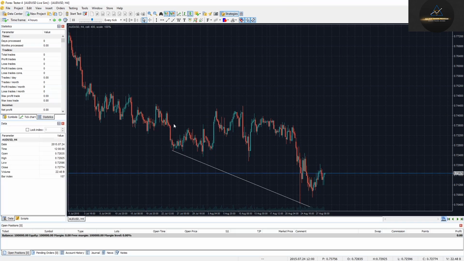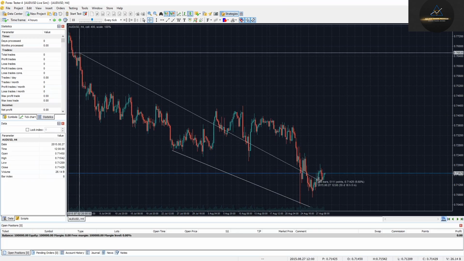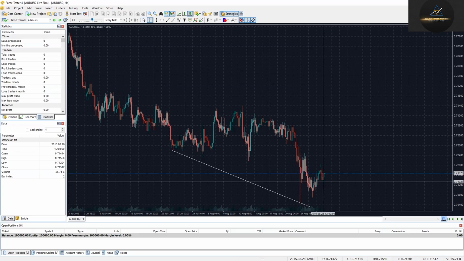So I've chosen 2015. The data starts from July 2015, and I've given myself a little bit of data. We're currently in August 2015.